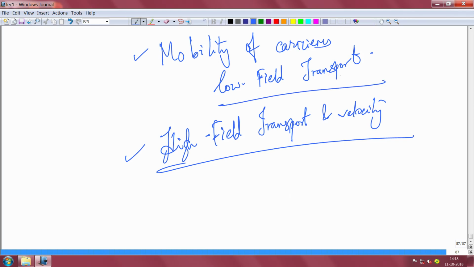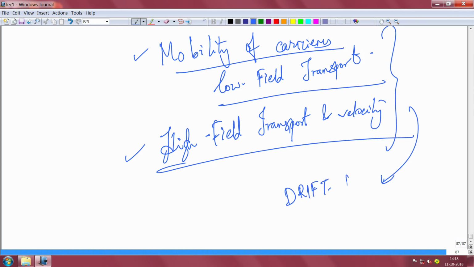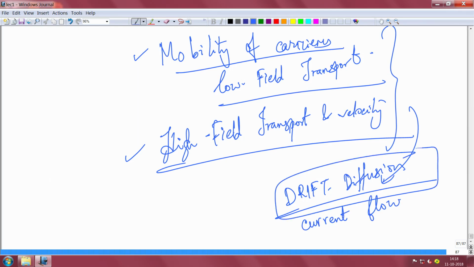Along with that, drift and diffusion of carriers will come, so that we can understand current flow. How electrons and holes are transporting depends on drift and diffusion. They depend on velocity, they depend on mobility, right.